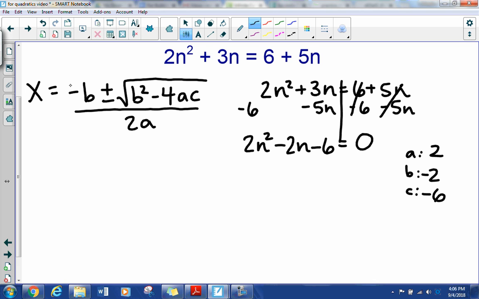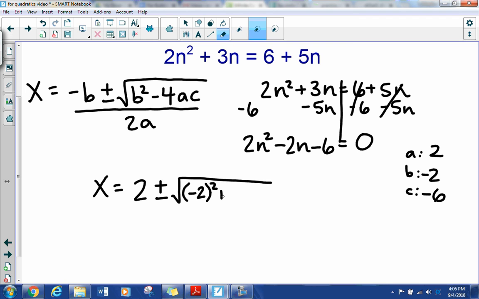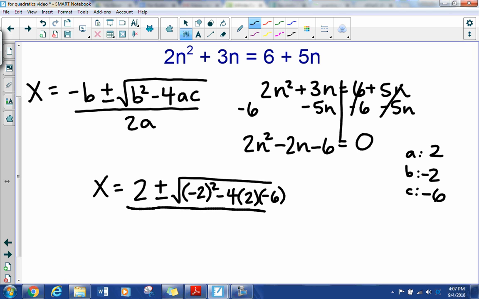So in this case, b is a negative 2, so the opposite of that would actually be positive 2, plus or minus the square root of, instead of b squared, I say negative 2 squared, and then I'm going to say minus 4, instead of a, I multiply by 2, instead of c, I multiply by negative 6, and all of that is going to be over 2 times 2 in this case.